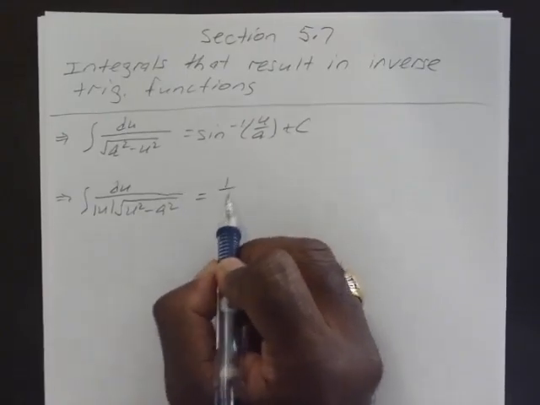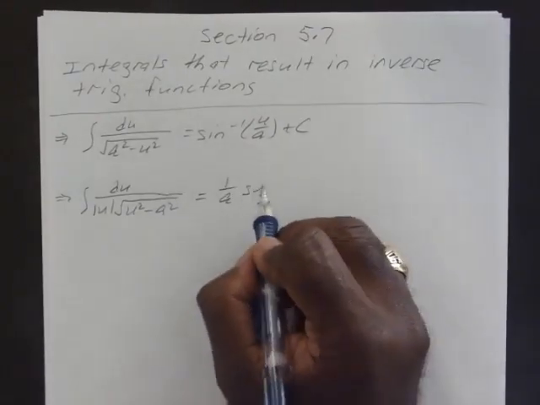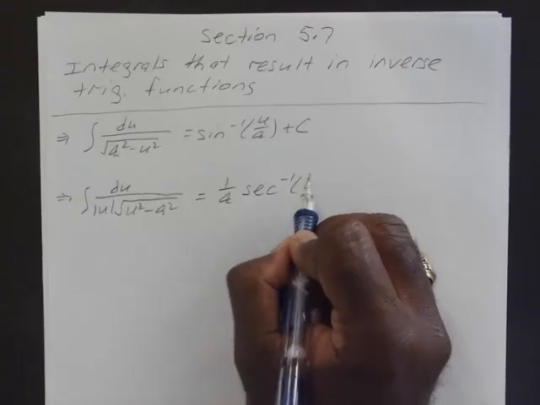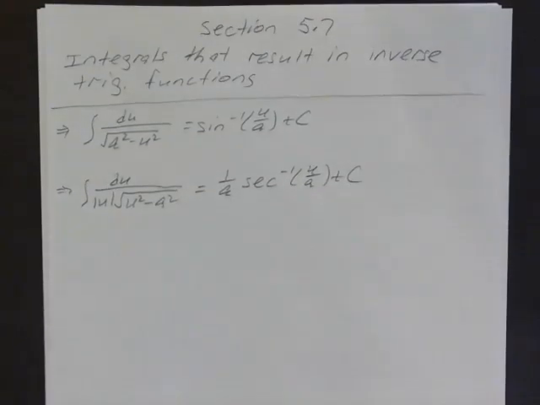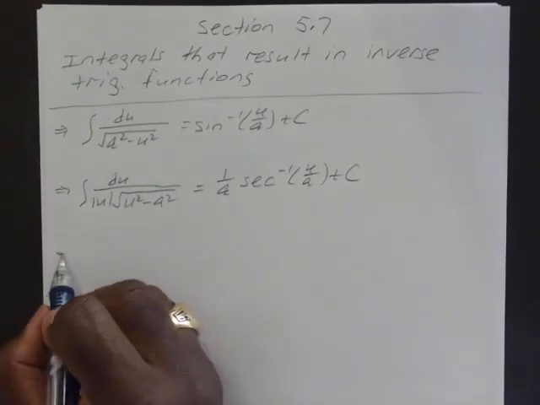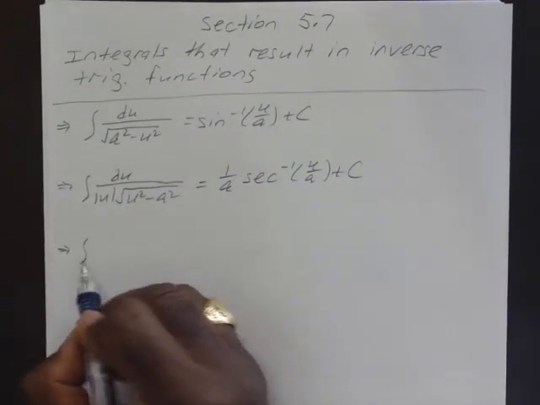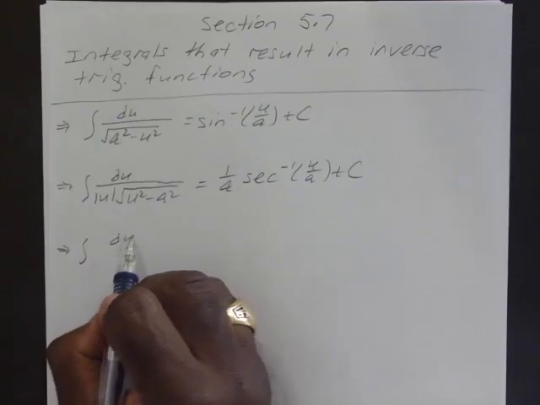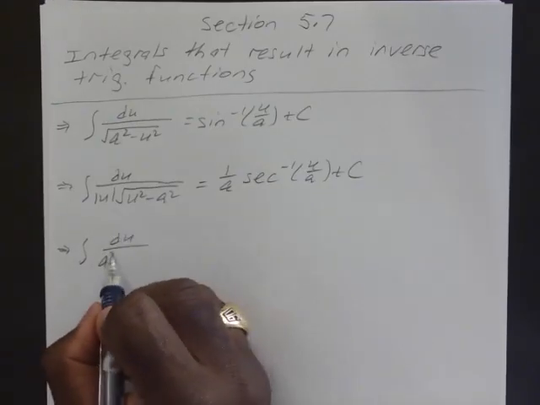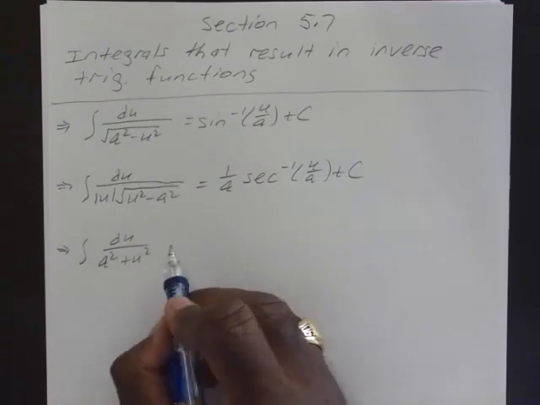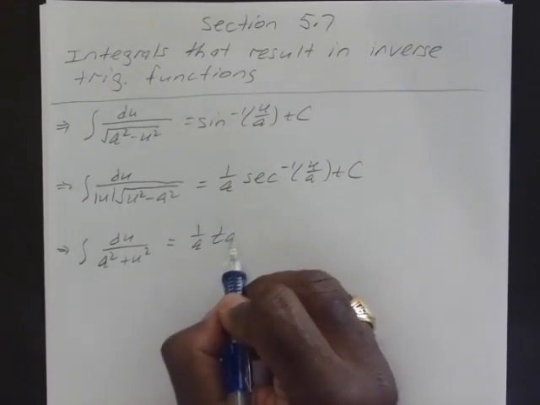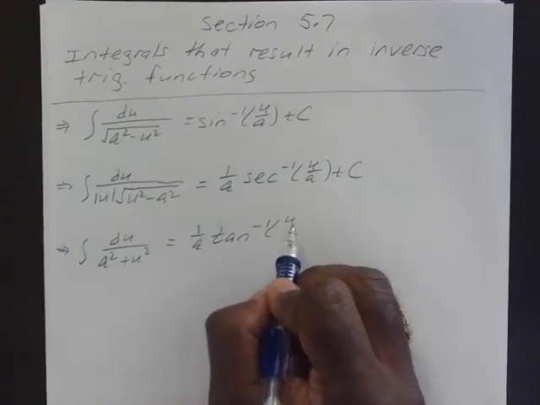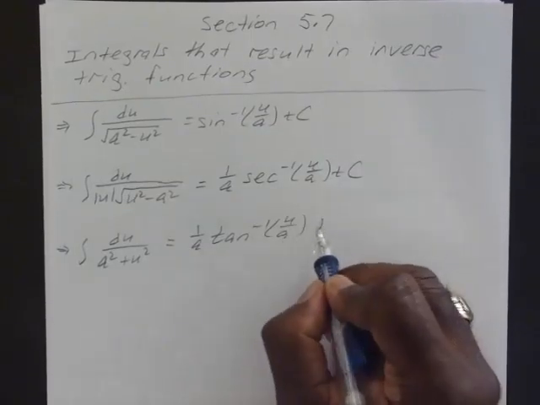We know that's equal to 1 over a times secant inverse of u over a plus c. And we know the integral of du over a squared plus u squared is equal to 1 over a times tangent inverse of u over a plus c.